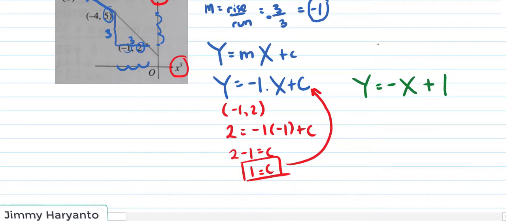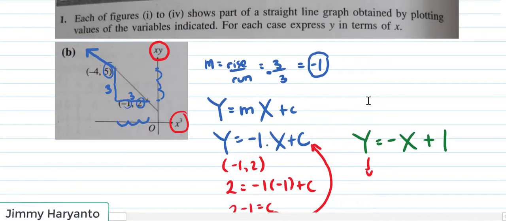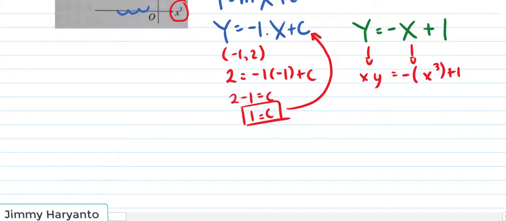Okay, we are done, but we have to change the X and Y into the real variables. The variable for Y is xy, and the variable for X is x cubed, so we have xy equals negative x cubed plus 1.